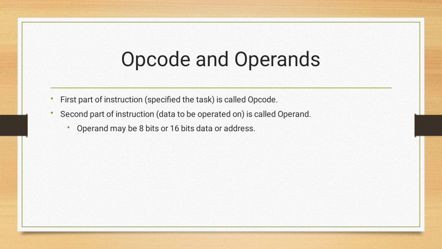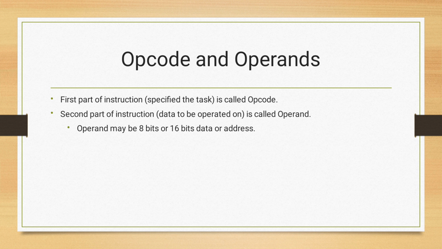Now in this slide I am discussing the opcode and the operands in the Intel 8085 microprocessor. Always remember, each instruction carries two parts. Number one is called the operation code or opcode, and the second one is called the operand.